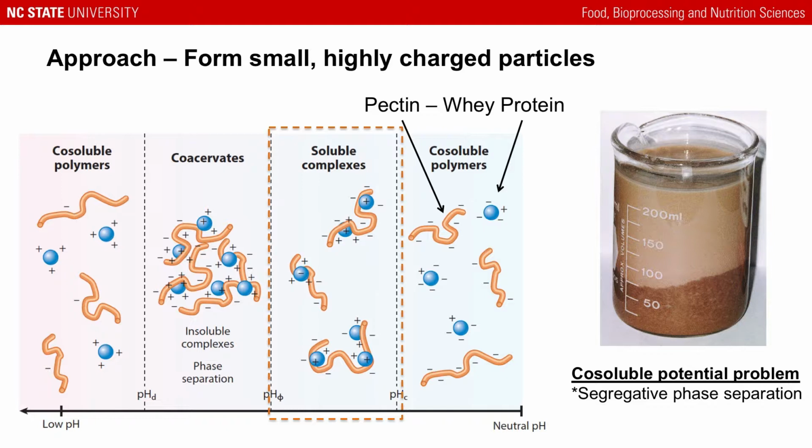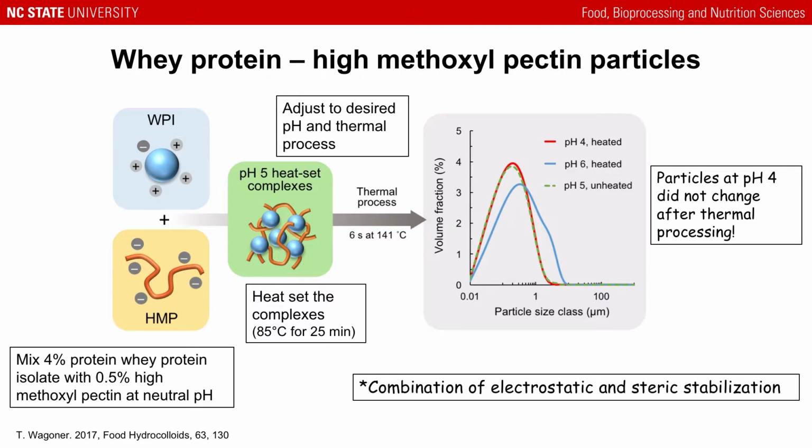So for a protein polysaccharide system, there's going to be a little window of pH, and a window of concentrations where everything's fine and comes together. Just as an example of this, this is some work that we did where we took a whey protein and high methoxyl pectin particles and put them together.